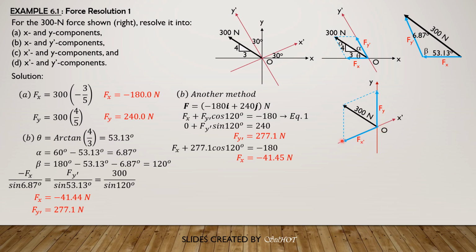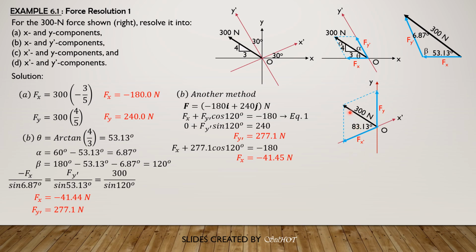It is directed in the opposite direction. Fy is expected positive. Then the angle here is equal to 53.13 degrees plus 30 degrees. This is also 30 degrees. So 53.13 degrees plus 30 degrees is 83.13 degrees.